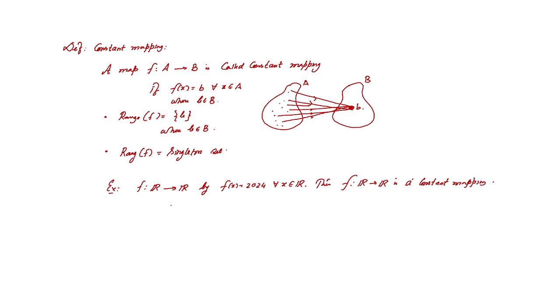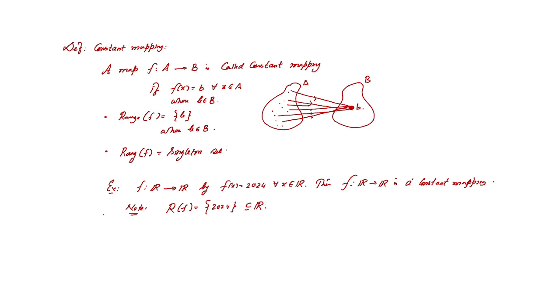And if we ask what should be the range of f, the range of f will be {2024}, that singleton set, which is a subset of R. This is the note for this example.